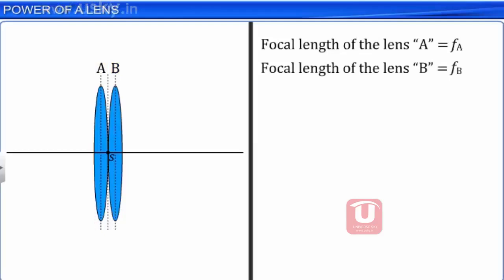Let us now derive an expression for the effective focal length of a combination of two thin lenses A and B with focal lengths FA and FB placed in contact with each other coaxially.